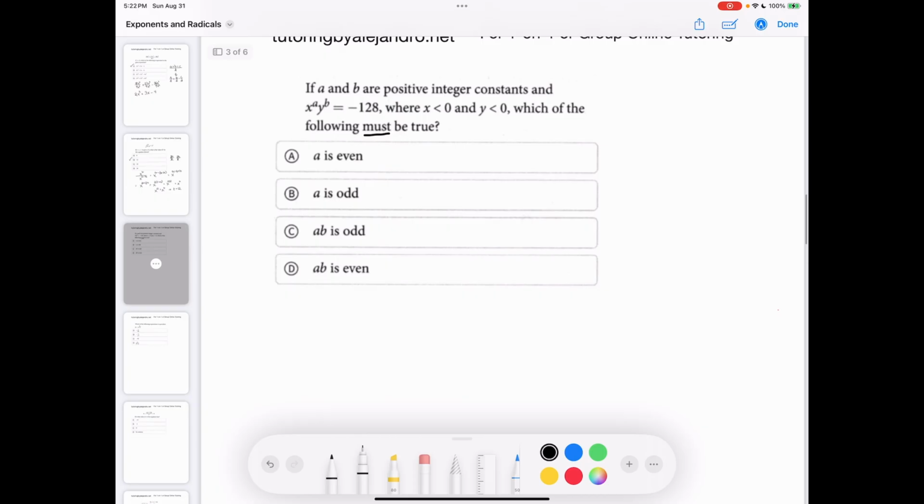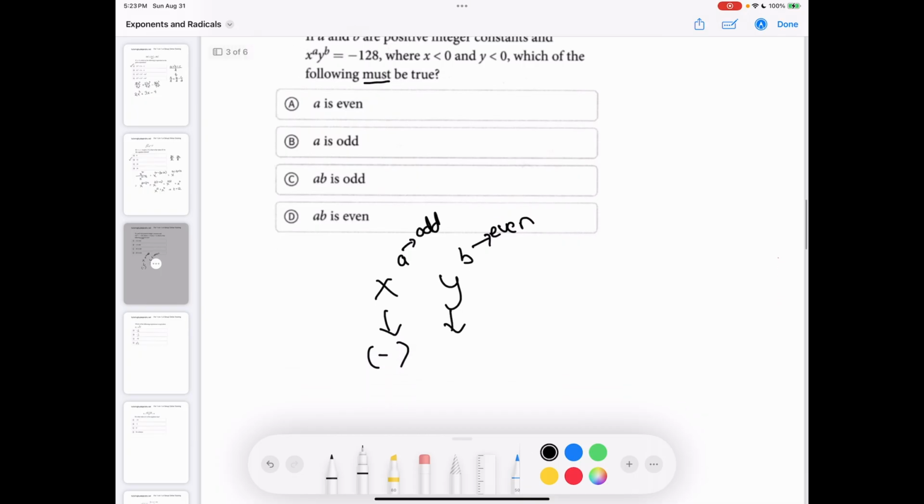So that means, let's just erase this. So this means that since I have two negative numbers, right? I have x is negative and y is also negative. I need one of these, a or b, to be odd, right? And the other one to be even, right? Because a negative number to an odd exponent will give me a negative, right? And a negative base to an even exponent will give me a positive, right?